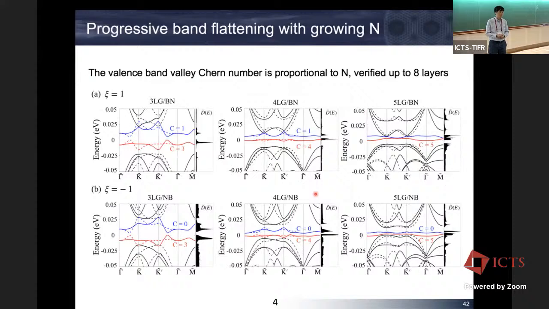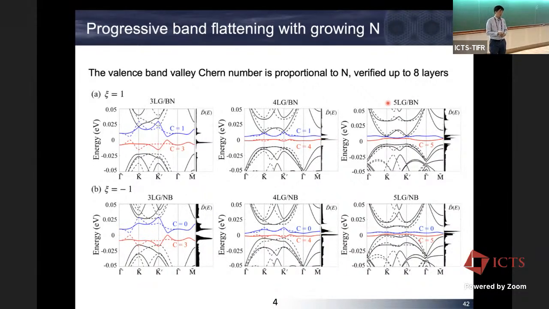When we do this kind of analysis, we see that the valley Chern number of this multilayer system, up to 8, is essentially proportional to the number of layers. It means that we can achieve a pretty high Chern number by just incrementing the number of layers in the system.